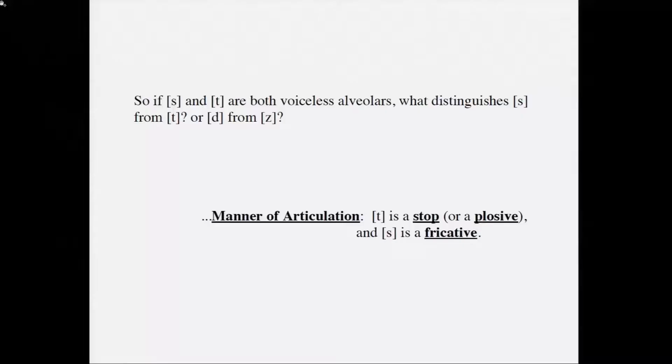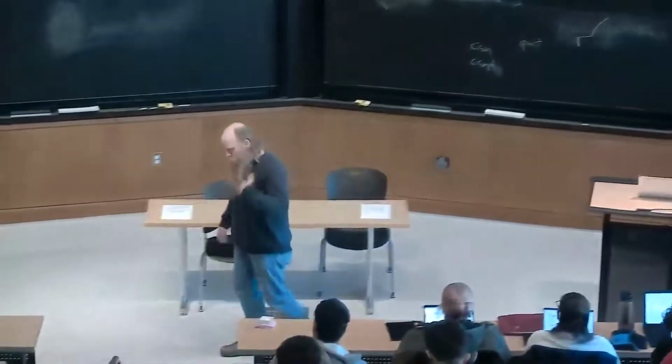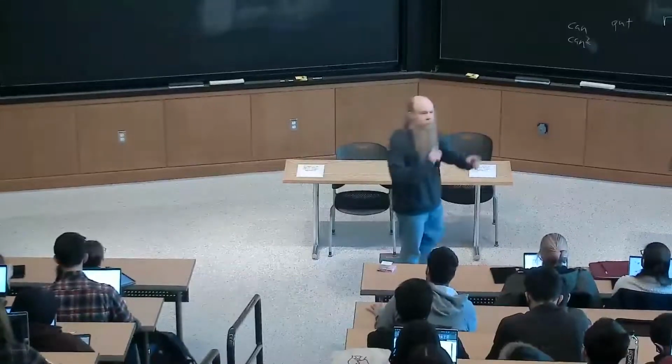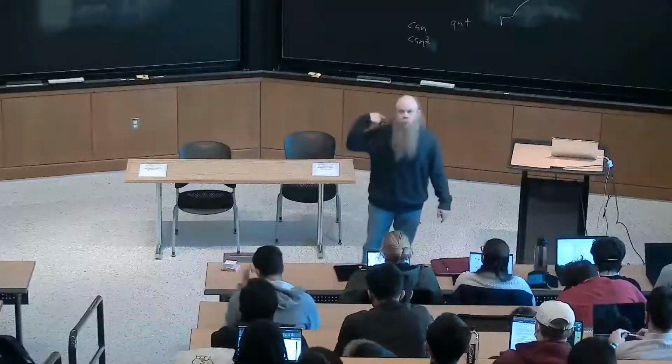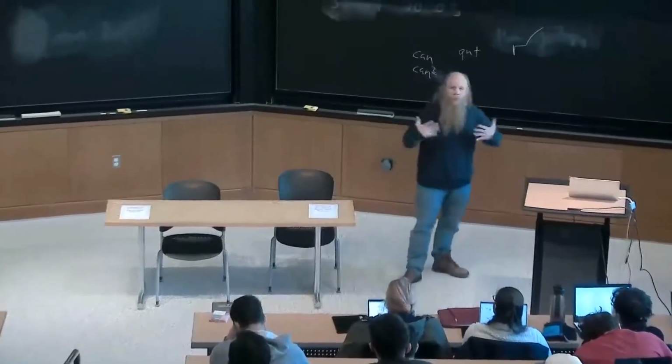So for T and D, the airflow is stopped. For S and Z, the airflow is restricted but is not stopped. You hold your tongue close to the alveolar ridge, but you allow air to keep flowing through. That's why an S you can keep going for as long as you have breath in your lungs, whereas a T you can't keep executing.